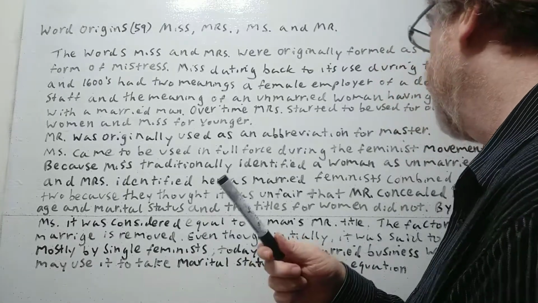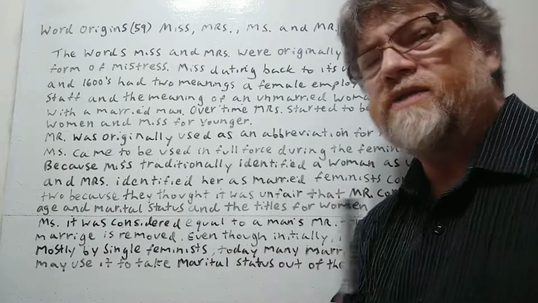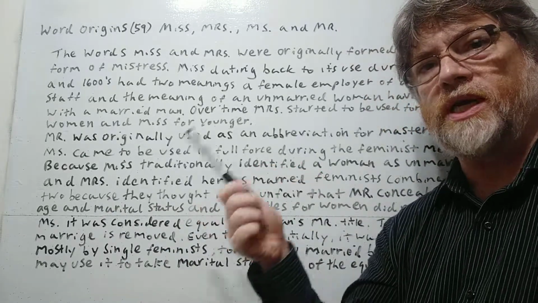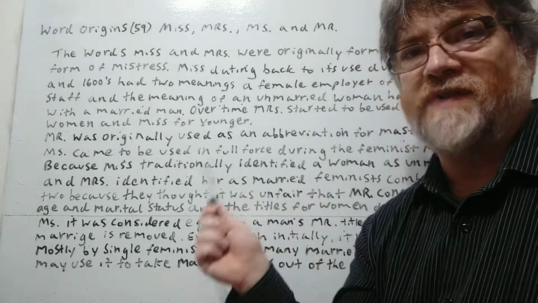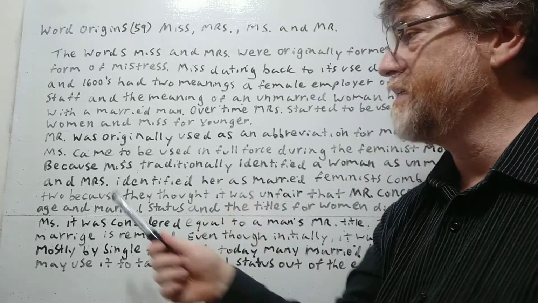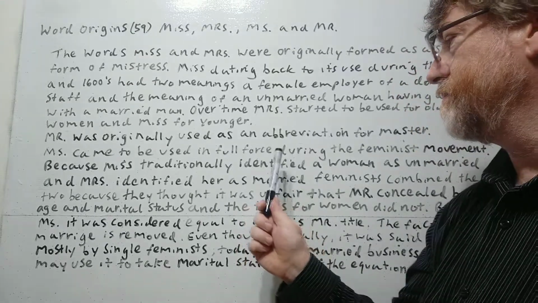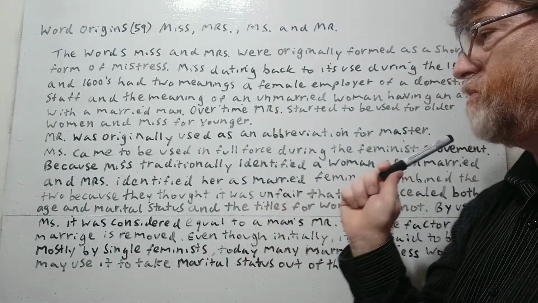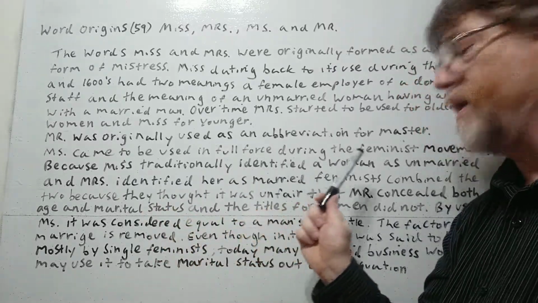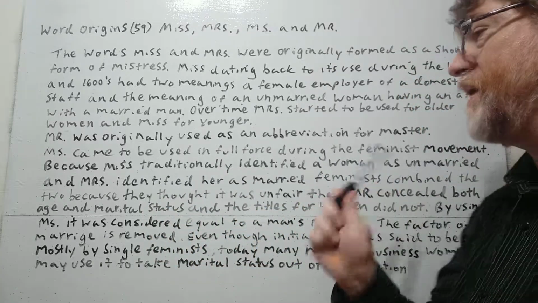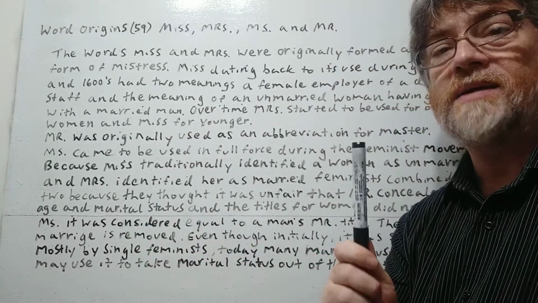Okay, let's continue. Now the Ms., even though some people say it originated earlier, it didn't really get to be used a lot until the feminist movement in the 1960s. So Ms. came to be used in full force during the feminist movement, because Miss traditionally identified a woman as being unmarried, and Mrs. identified her as married.